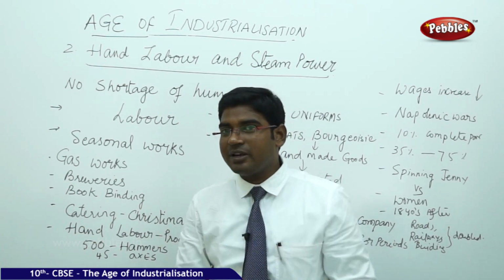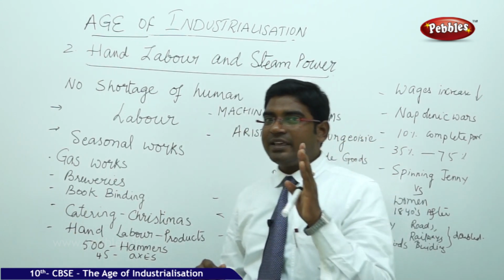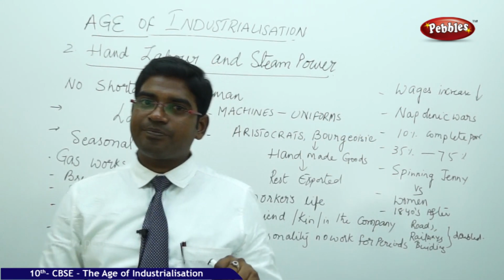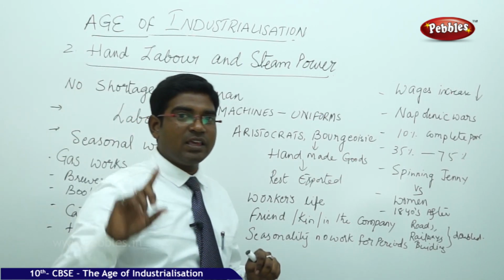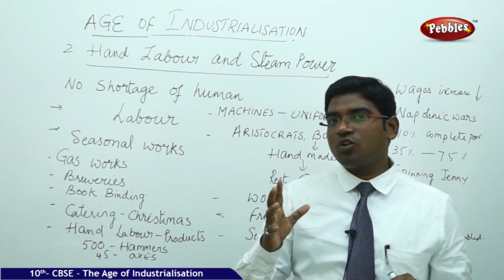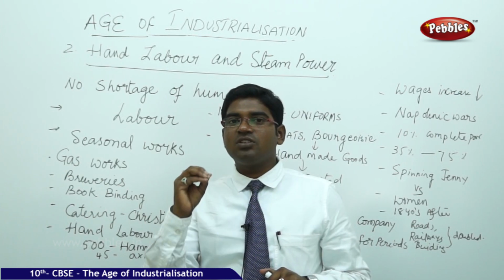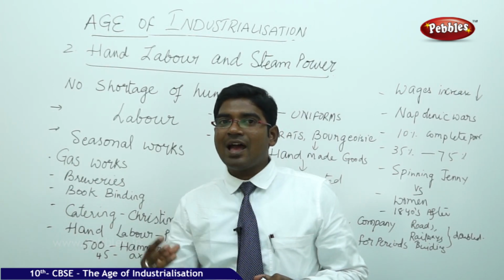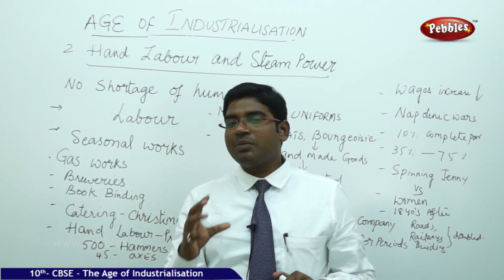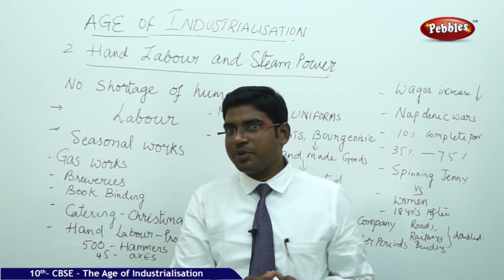So you may get a fundamental doubt: then did they really not use machines at all? I just mentioned very clearly that the aristocrat group and the bourgeoisie had a fashion or interest in handmade goods, but not the other categories of people.